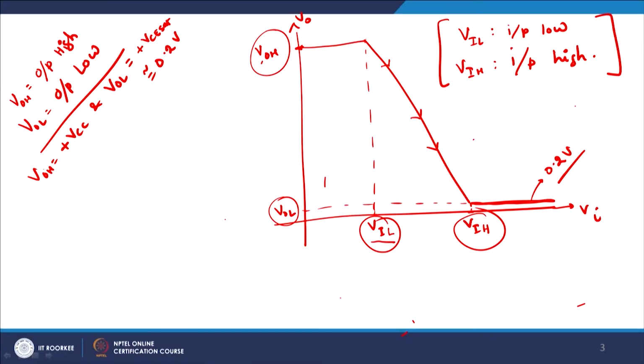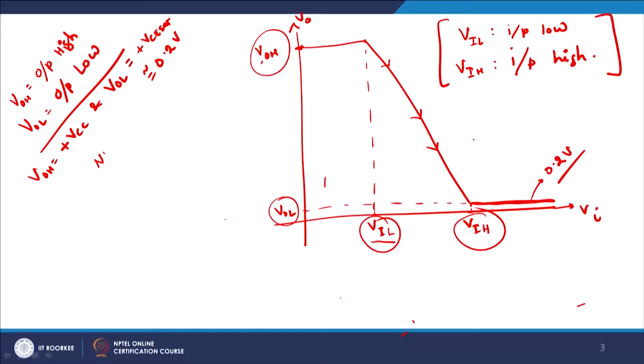We define a new term here, and that is the noise margin, the static noise margin. High noise margin is defined as VOH minus VIH, and NML is VIL minus VOL.